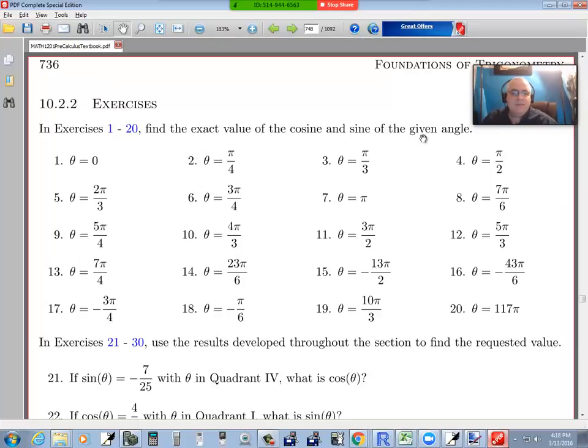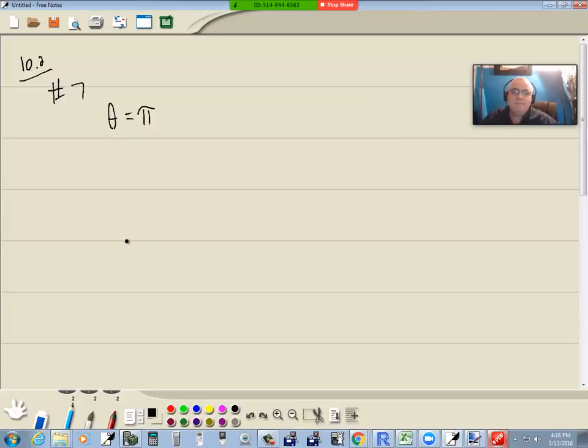Find the exact value of the cosine and sine of the given angle. Cosine, on our unit circle, is equal to the x part. And sine is equal to the y part.